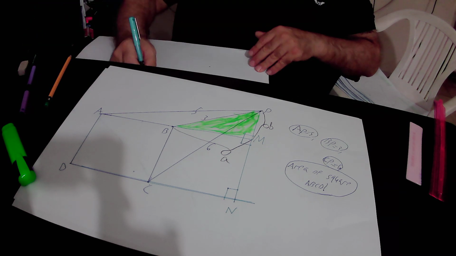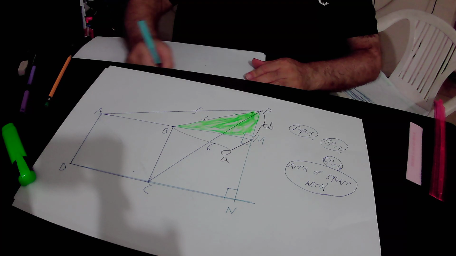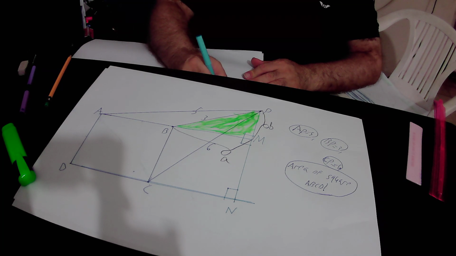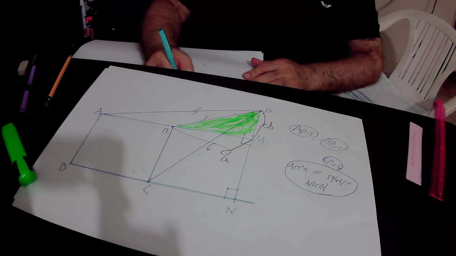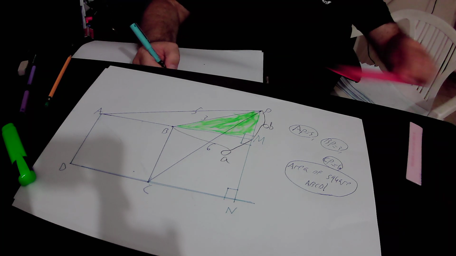So according to the Pythagoras theorem, on the right triangle PMB, here is the relation for the Pythagoras theorem.